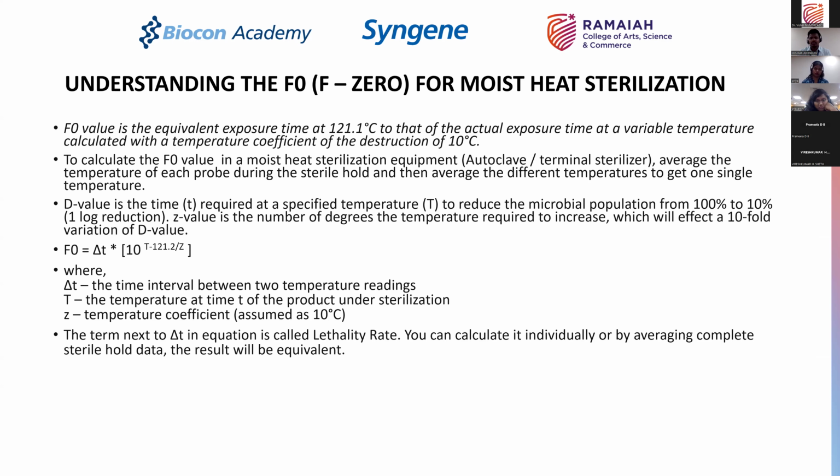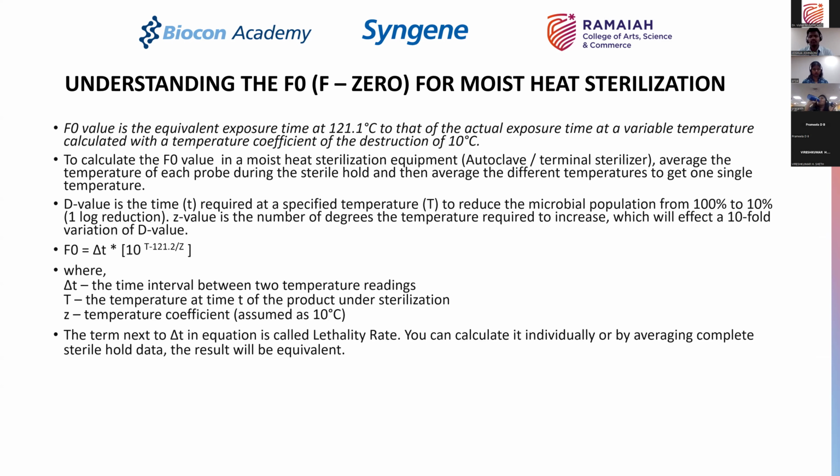To calculate the F0 value in a moist heat sterilization, average the temperature of each probe during sterile hold, and then average the different temperatures to get one single temperature. There will be multiple probes kept inside the autoclave, and they will be averaged to get one single value. For the actual exposure time, you ask what my equivalent exposure at 121 degrees centigrade is. That measure of time is the F0 value.